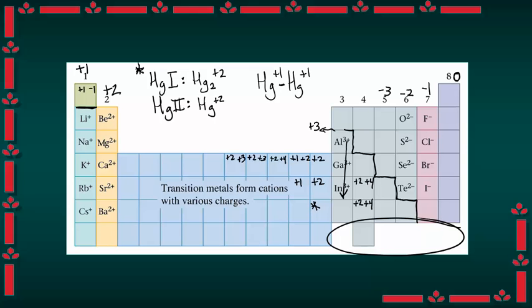So Mercury 1 is one of the Siamese twins, and the other Mercury 1 is the other Siamese twin. Together, they're kind of like a unit. So together, there are 2 Mercury 1s, and each of them has a plus 1 charge, so what's the total? Plus 2. So Mercury 1 is a Siamese twin. It comes in 2.